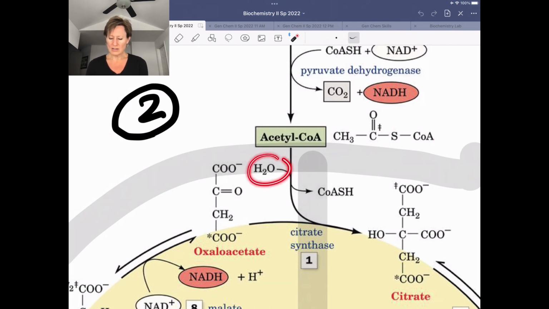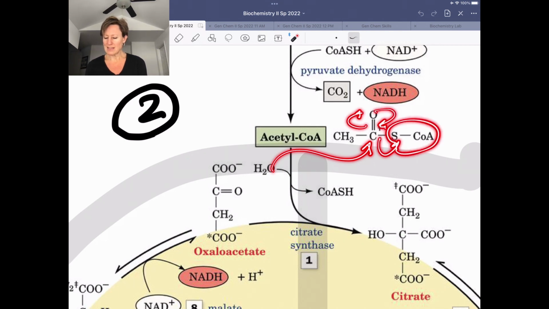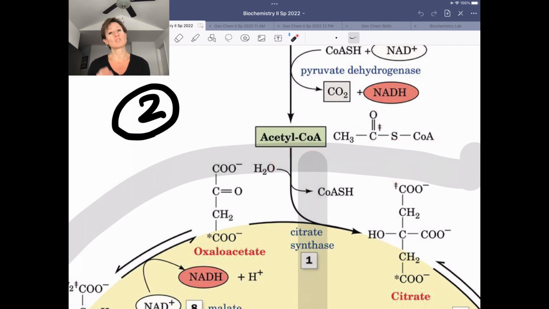So the reason we need water here is we are going to hydrolyze this ester. So this essentially equates to a good leaving group. We're going to have this actually come in, nucleophilically attack. We're going to have a great leaving group here, and that's how we're going to get our CoA off. So we'll have another video here to walk through those mechanisms so you can see all those different pieces. All right, that's it for the 8 steps, well 9 if you consider pyruvate dehydrogenase, of the citric acid cycle.